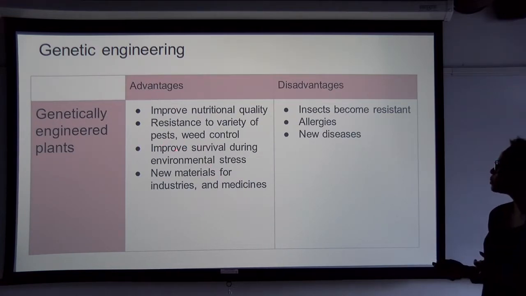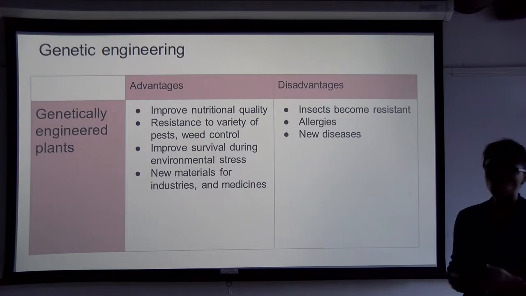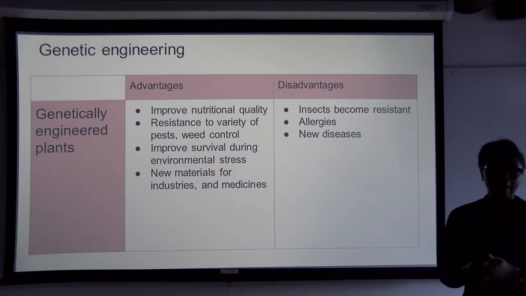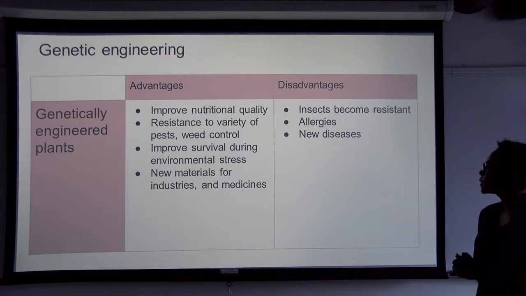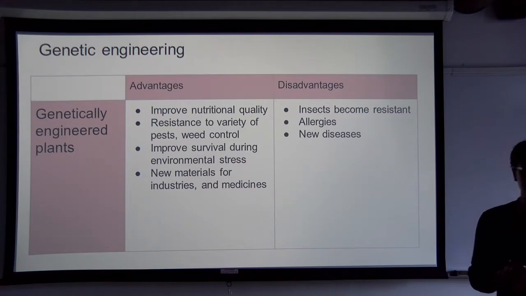We can also improve the survival rate of organisms based on environmental stress, like cold temperature and severe changes. We could create plants that can live in that environment or be resistant to those environmental changes. New materials: we're able to produce new materials for factories and create new medicines.